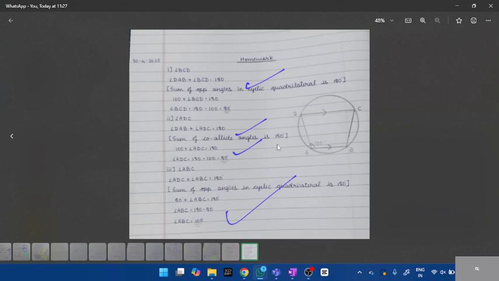Tanishka, check the answer in the textbook. Is it correct? So the answers are correct. Okay.